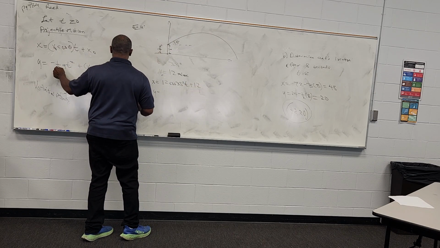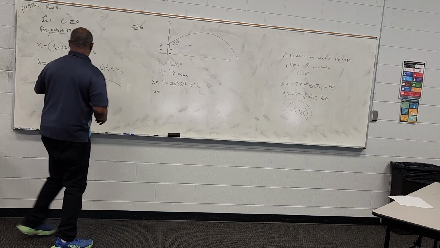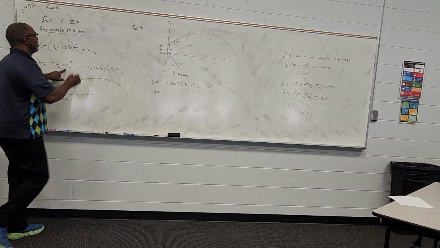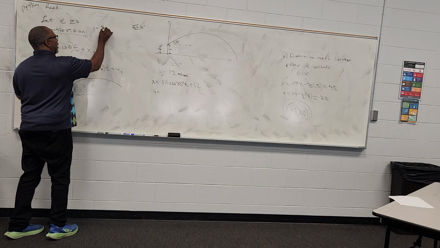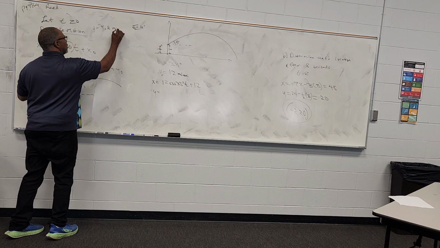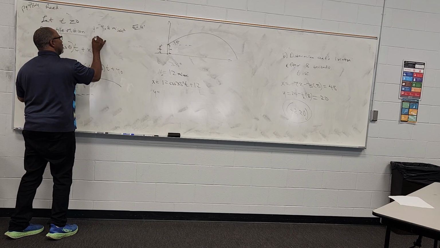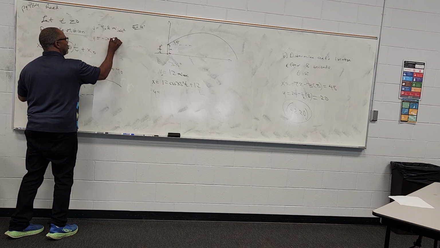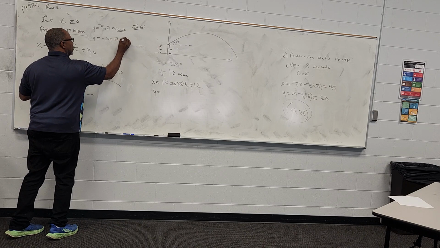Y, -1/2, and again, this G is the acceleration due to gravity. So G can either be negative 9.8 meters per second squared, or G can be negative 32 feet per second squared.